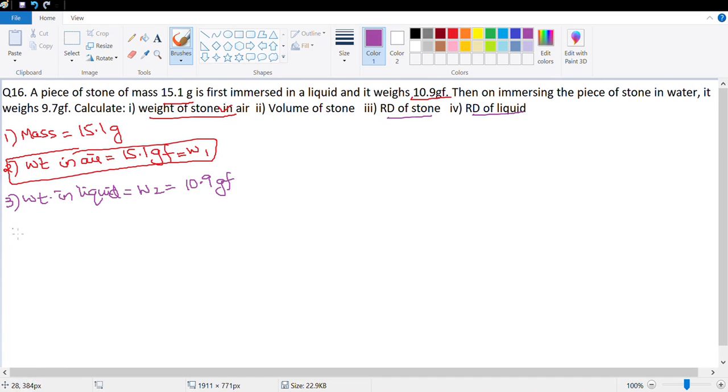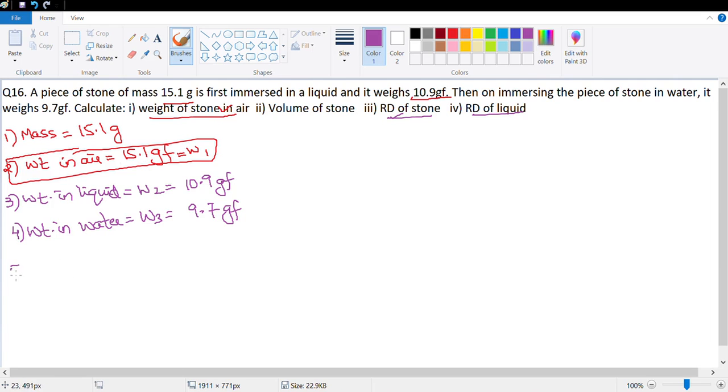Number 4, weight in water. Let that be W3. This is given equal to 9.7 gram force. This is the information which is given till now. Let's see what do we need to calculate. So relative density of stone we can calculate. Should be easy to calculate. Okay, let's calculate relative density of stone first.